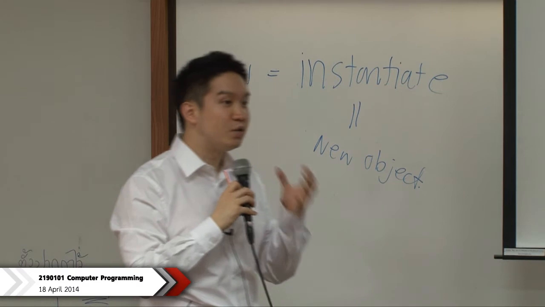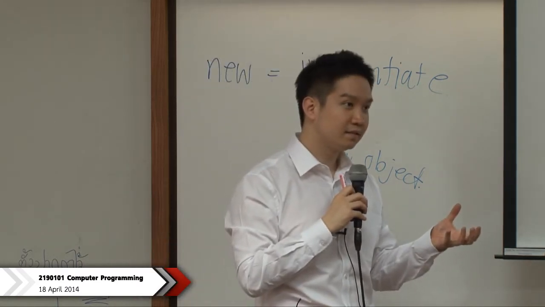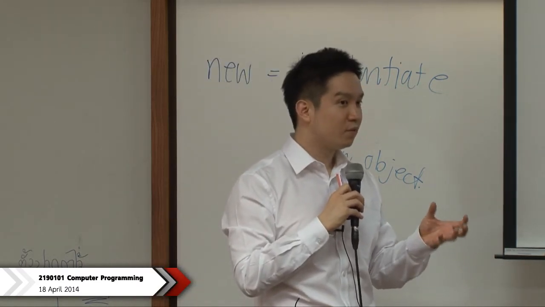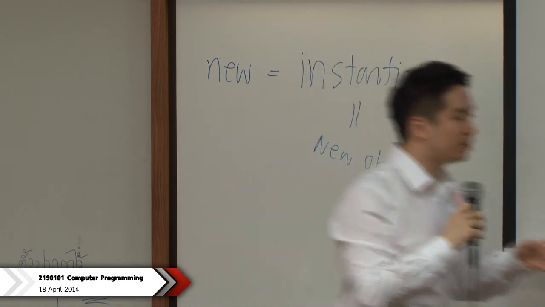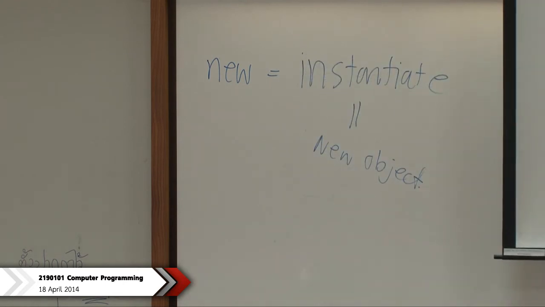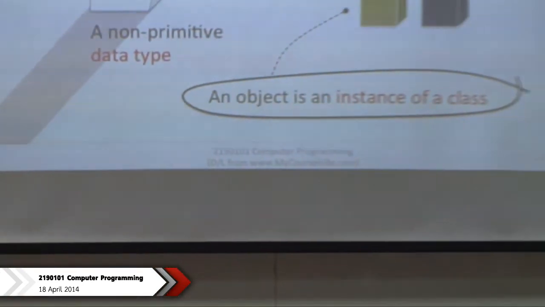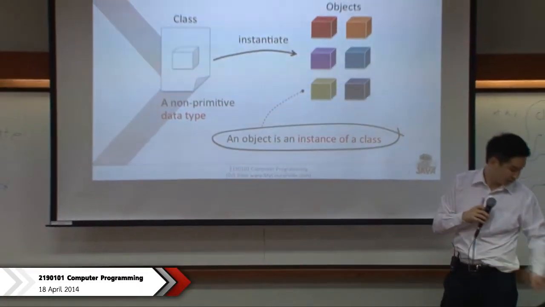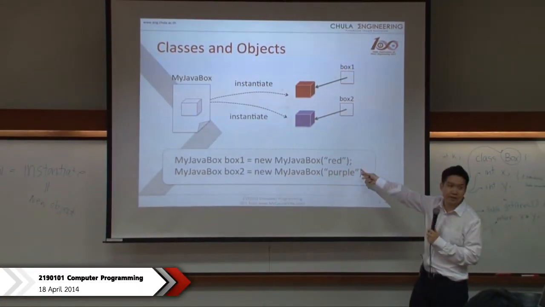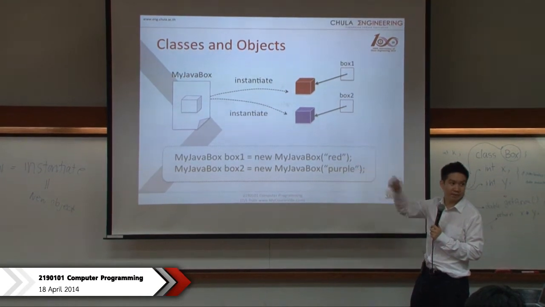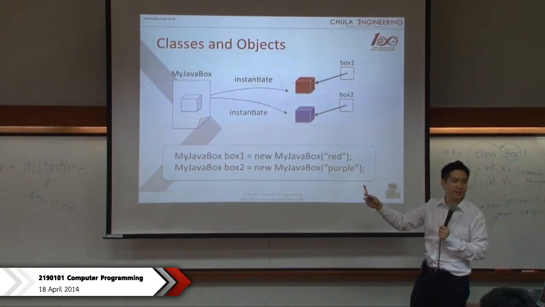Are we creating a new class? No. We're creating a new object. Do you remember? Every time you see class and objects, I'd like you guys to always remember this diagram. Here's an example. Just remember this one. I mean, you were here. You should understand this by now.